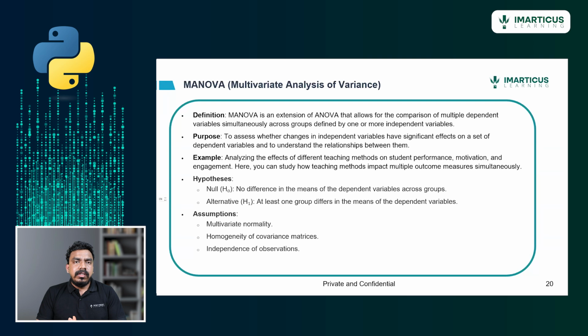For hypothesis testing, the null hypothesis states no difference in the mean of dependent variables across the groups. The alternative hypothesis states at least one group differs in the mean of the dependent variables. What are the assumptions of using the MANOVA test? The assumptions of MANOVA or multivariate analysis are multivariate normality, homogeneity of covariance matrix, and independence of observation.